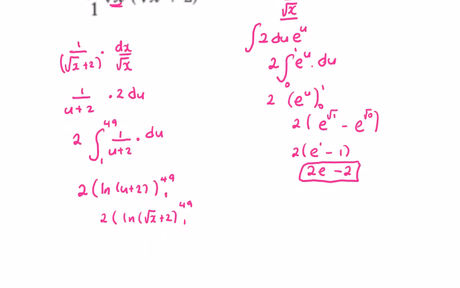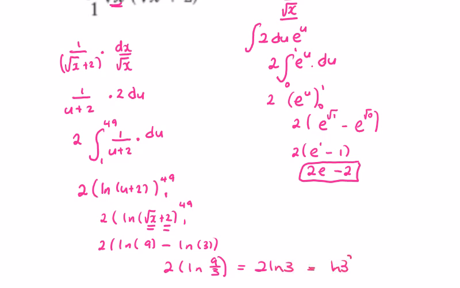Twice ln of the square root of 49, which is 7, plus 2 is 9, minus ln of the square root of 1, which is 1, plus 2 is 3. That's twice the natural log of 9 over 3, which is twice the natural log of 3, which is the natural log of 3 squared, which is equal to the natural log of 9.